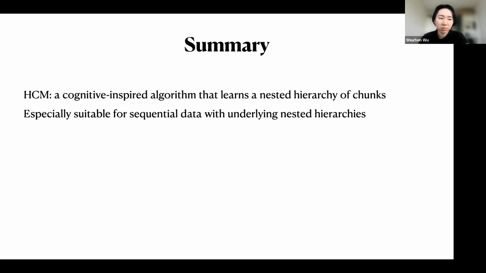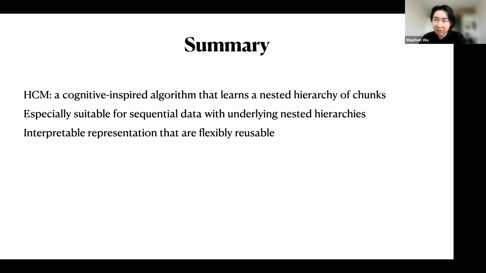A good thing about this algorithm is that it learns representations that are interpretable. So you know what the chunks look like, and you can also reuse them when you encounter a new task.